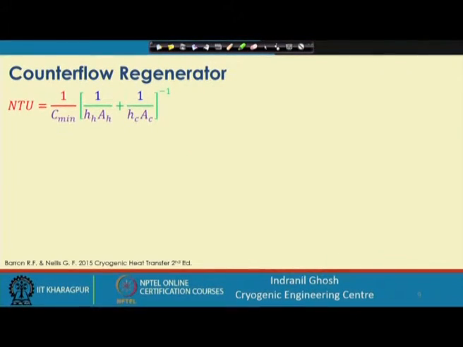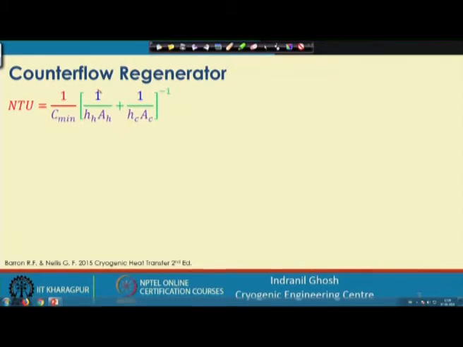So, for a counterflow regenerator, which is very common in cryogenic applications, we define the NTU, and it is given as 1 by C_min. C_min, as we have already learned, is the mass flow rate multiplied by the appropriate specific heat, and along with that we have the hot fluid and the cold fluid.